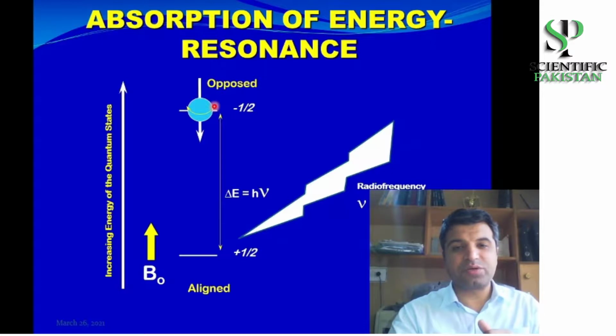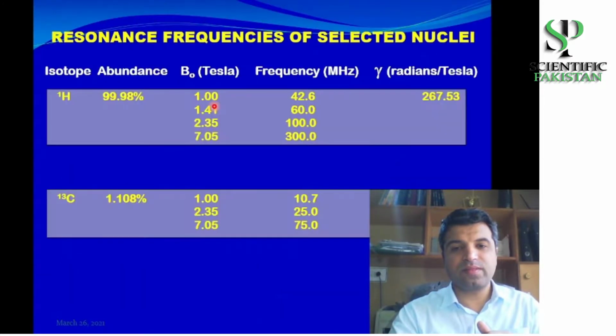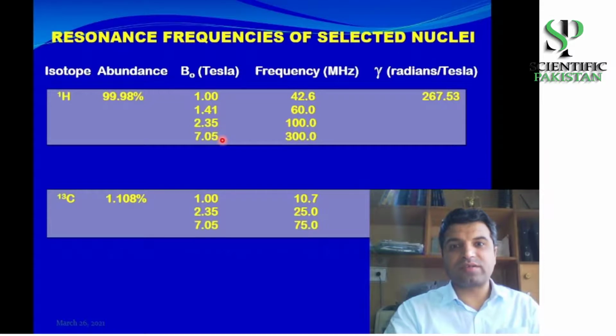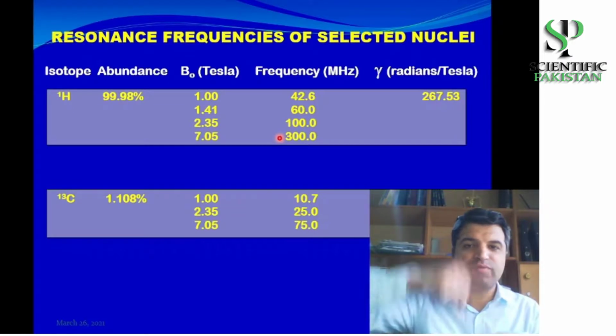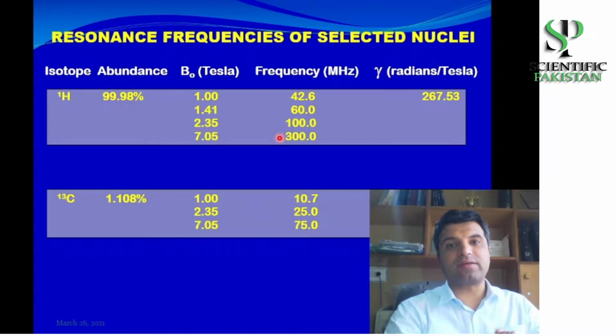Because that is exactly equal to the Larmor frequency. So, if you know that you are operating at B naught equal to 7.05 Tesla, the Larmor frequency of the nucleus is 300 megahertz, which means that the energy you need to provide to make it jump from alpha to beta state is exactly 300 megahertz.